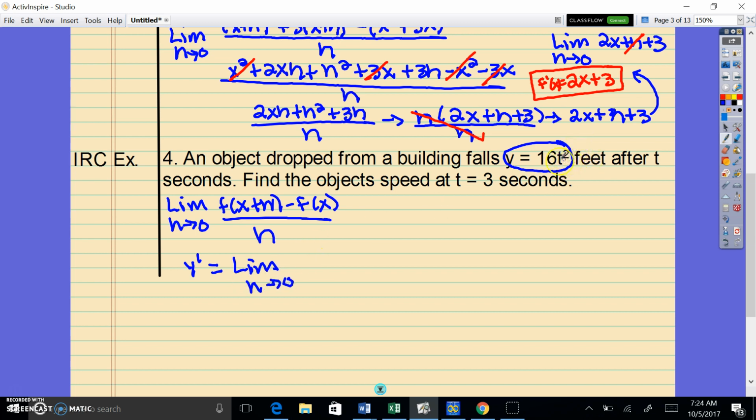And instead of x, we really have t. So that'll be 16 times t plus h squared minus the function. We only have one term, 16t squared, divided by h. Okay, and I'll give you a moment to work that out.